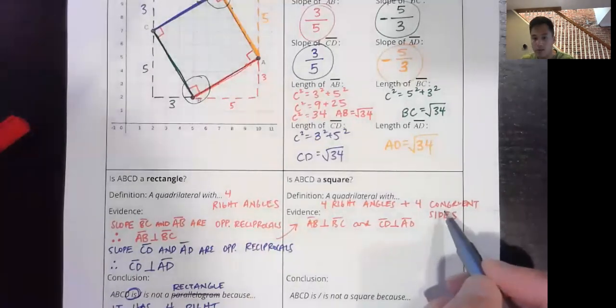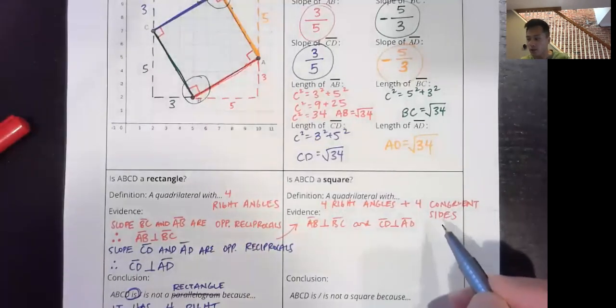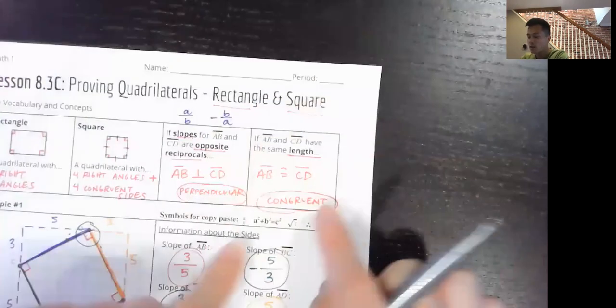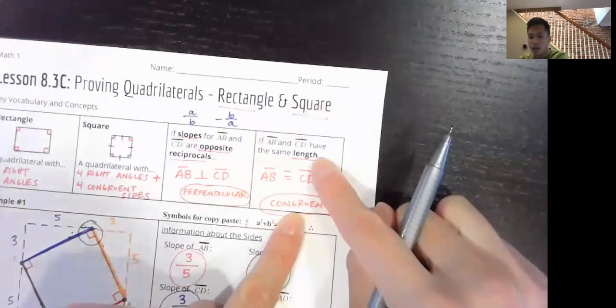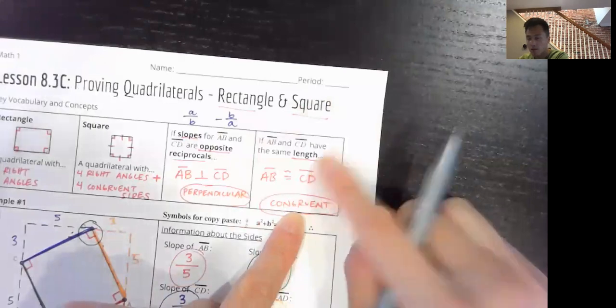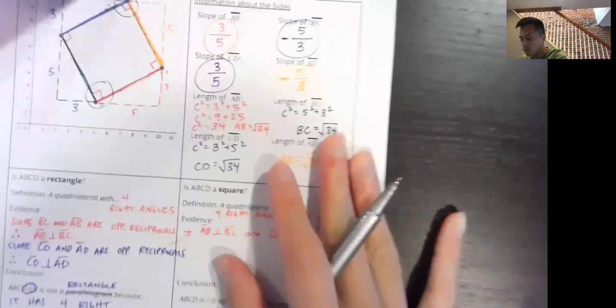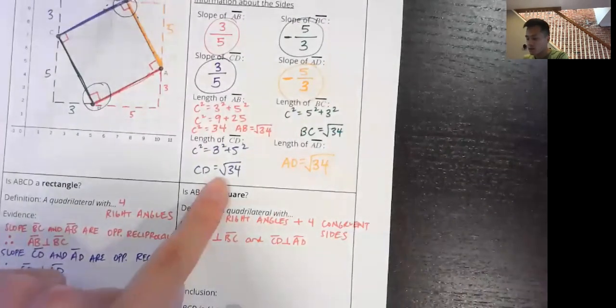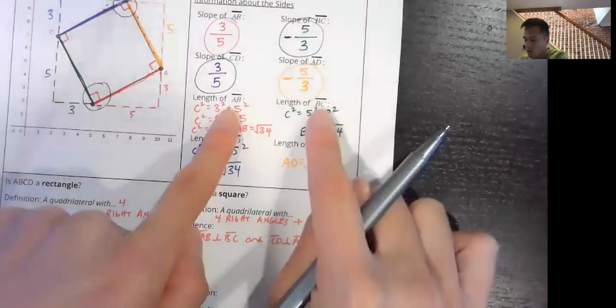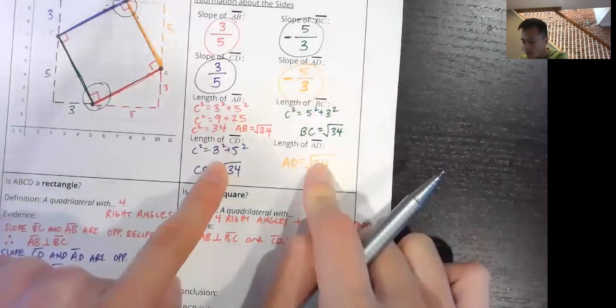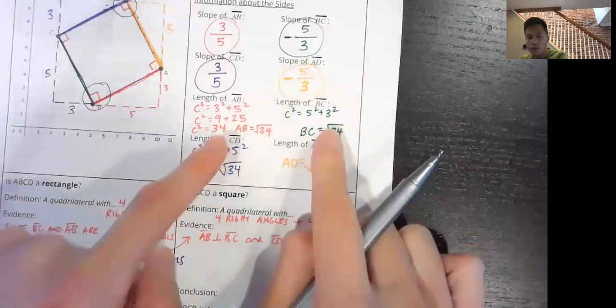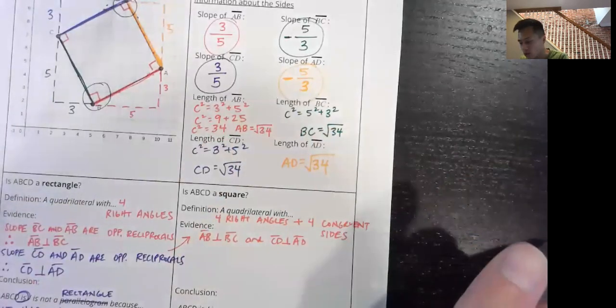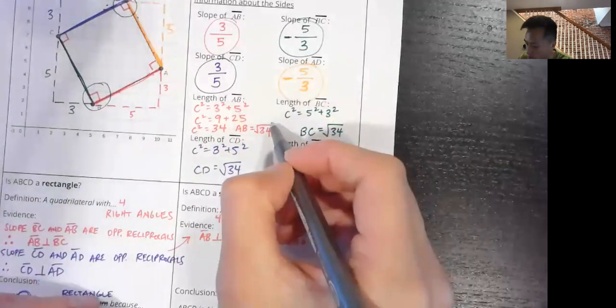Now let's think about part two. Four congruent sides. How do we prove that sides are congruent? Congruent, same length. So let's look at the lengths. If all of these lengths are the same, then we know that all of these sides are congruent. Well, let's check. This is square root of 34.